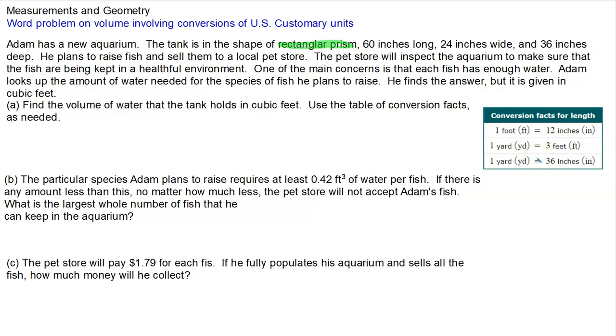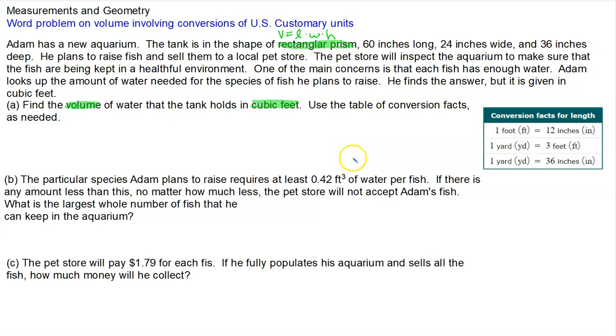So the first thing we need to recognize is they want this to be in cubic feet, and they're also talking about volume. Earlier, when we mentioned the rectangular prism, the volume formula for a rectangular prism is length times width times height.